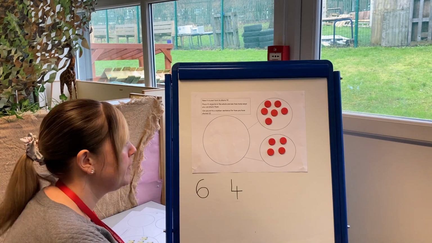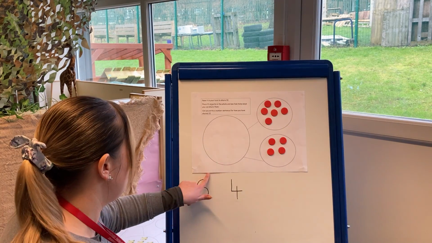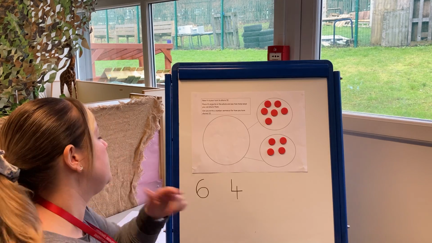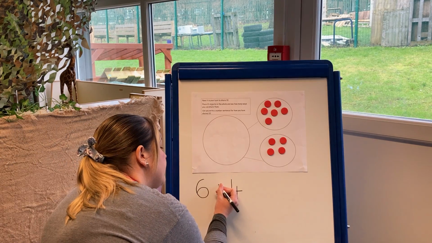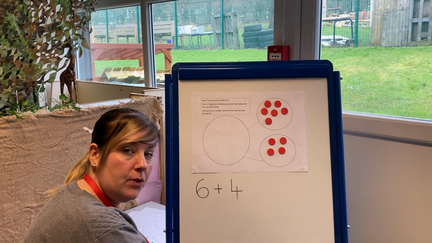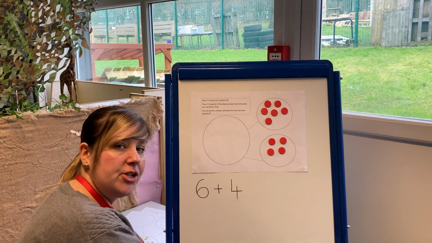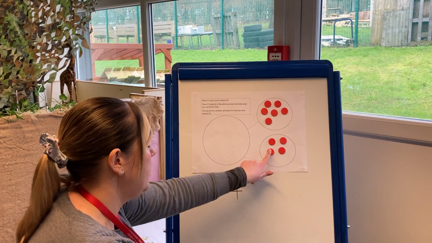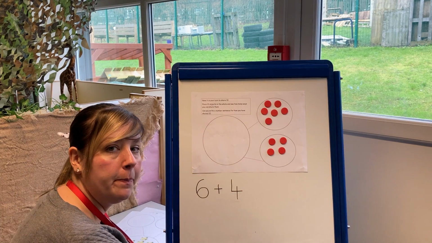Let's do it together. So I've got 6 in here, so I've written my number 6, and I'm going to put this sign. This is add, okay? This is add. And I've got 4 here, so I've written the number 4.